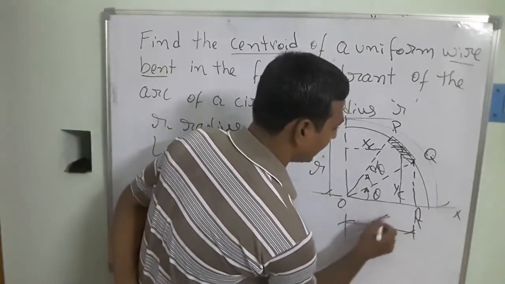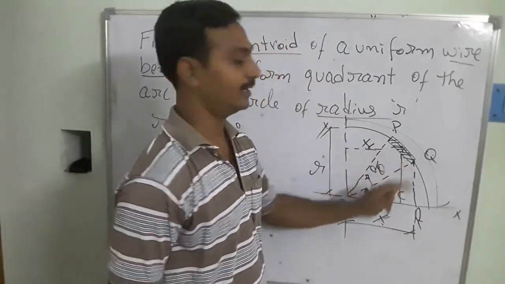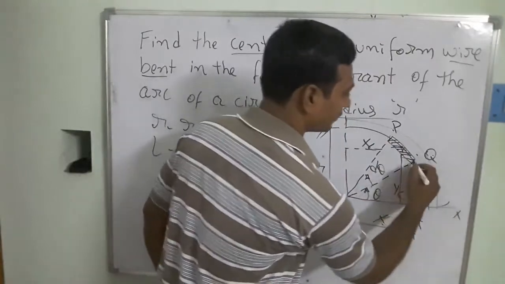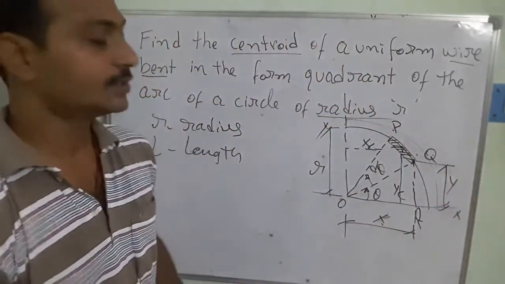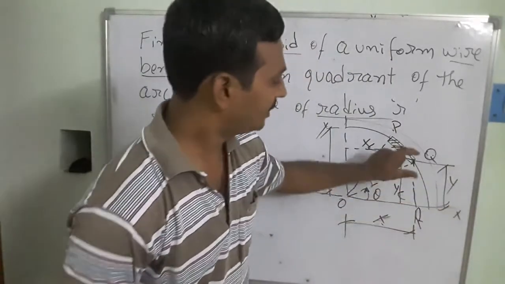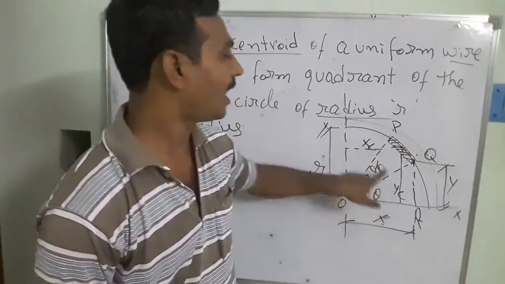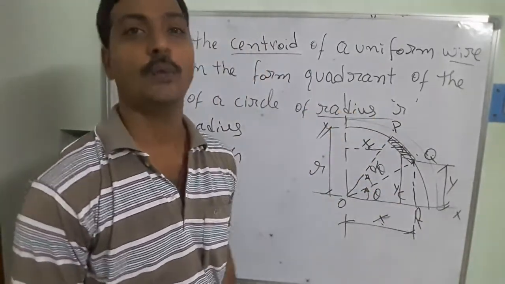That means x is the distance of the elemental strip from the y-axis, and similarly y is its distance from the x-axis. So x and y are the distances of the elemental strip, and xc and yc are the centroid of the total length of the wire.